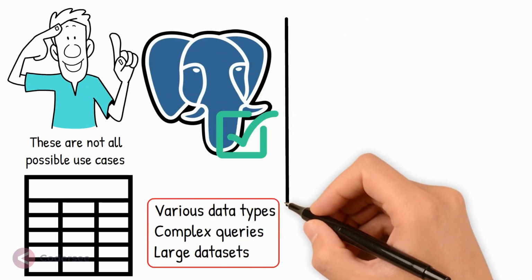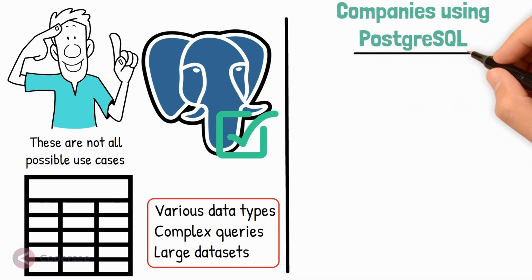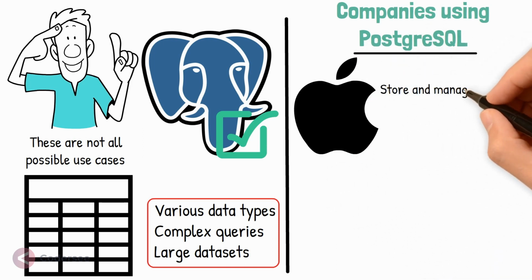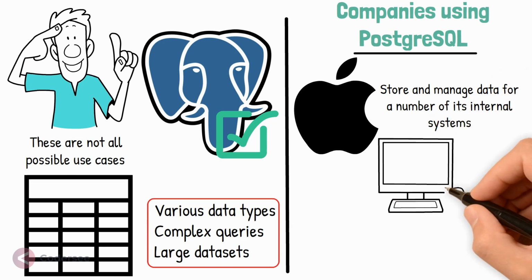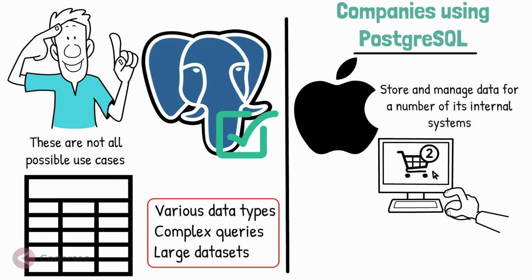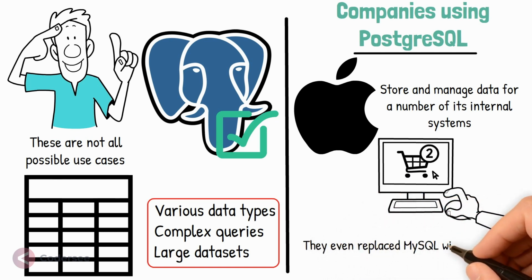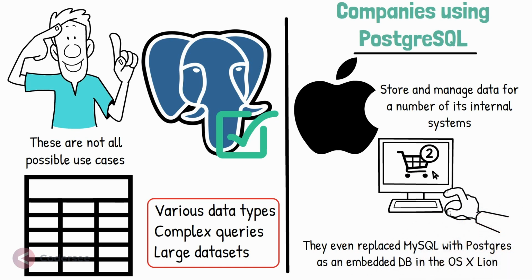Lastly, let's take a second to see the list of companies using PostgreSQL. As the first one, Apple. It uses Postgres to store and manage data for a number of its internal systems, including its online store and customer support systems. Whatsoever, they even replaced MySQL with Postgres as an embedded DB in OS X Lion.